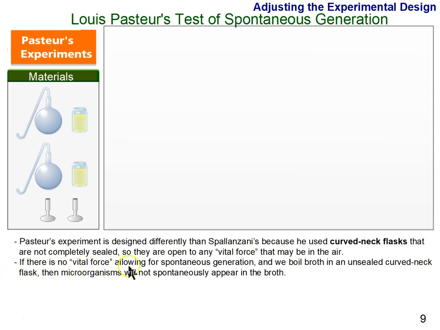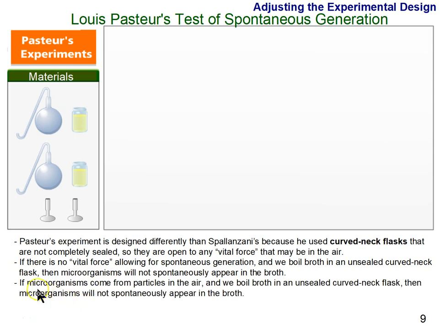So if there's no vital force allowing for spontaneous generation, and we boil the broth in an unsealed curved neck flask, so it's not sealed like Needham and Spallanzani used, but it does have this curved neck, then microorganisms will not spontaneously appear in the broth. And another hypothesis is that if microorganisms come from particles in the air, and we boil the broth in an unsealed curved neck flask, then the microorganisms will not spontaneously appear in the broth.